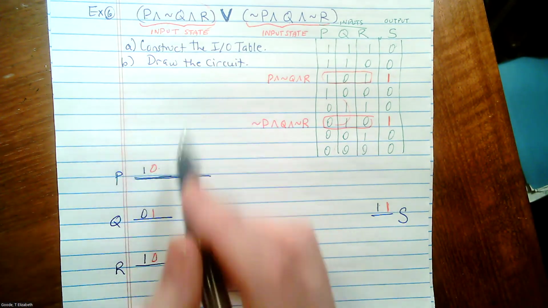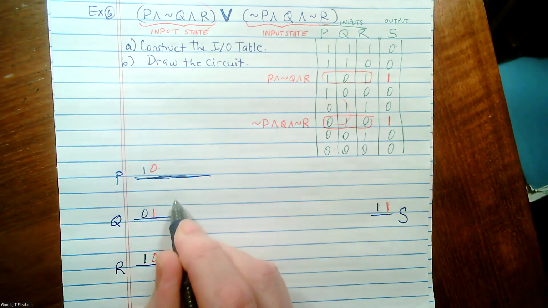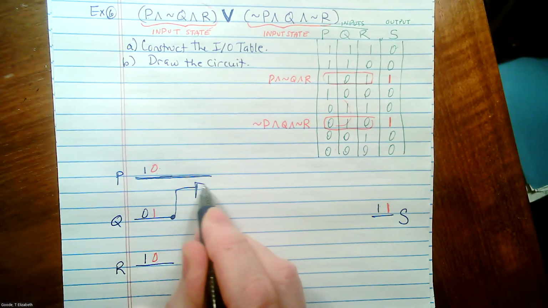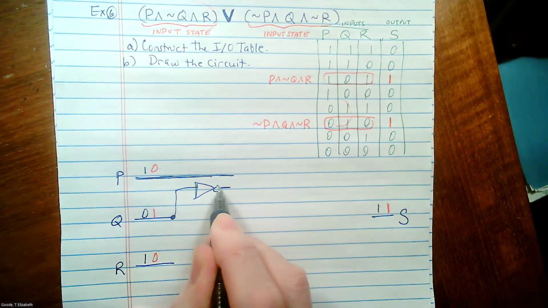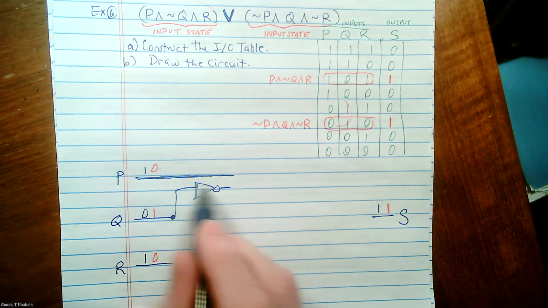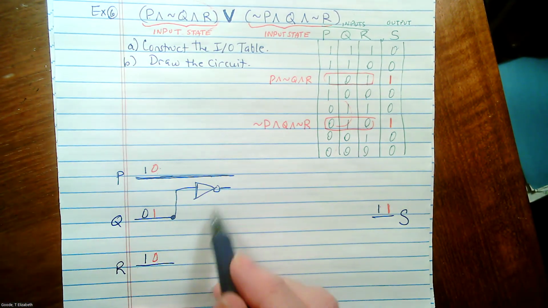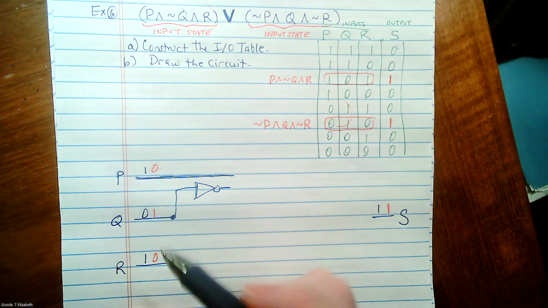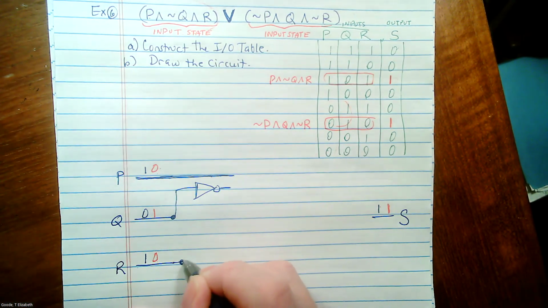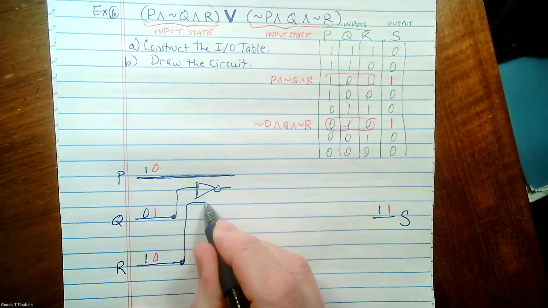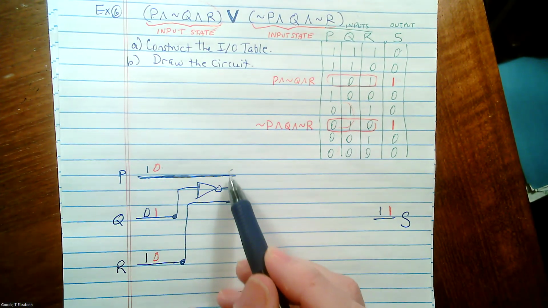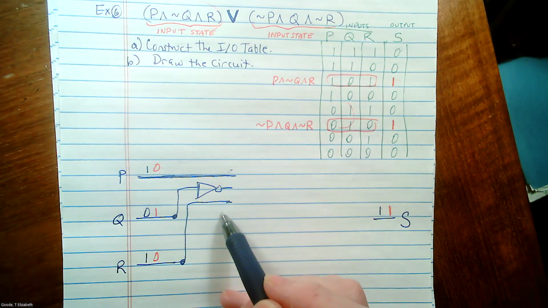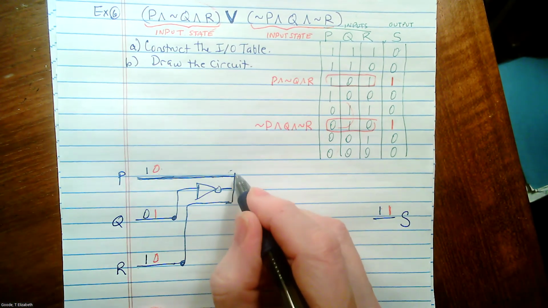And we need a NOT Q. So we pull from the Q wire and we build a NOT gate. And we bend it so that it's close up to the P. And now we also need R. So I'm going to pull from R, just bend it. I don't need to solder it to bend it. And so we have P wire, NOT Q wire, R wire. These are going to go into an AND gate.